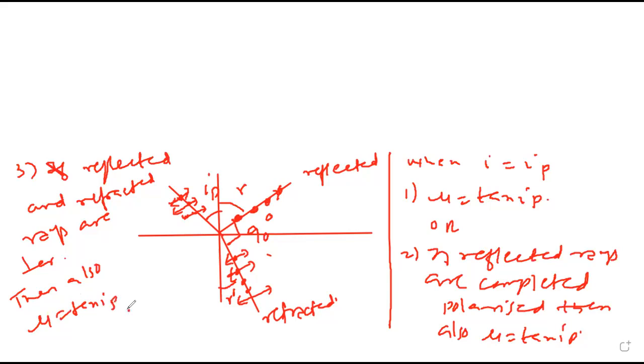So under three cases mu is tan IP. If directly given that I is IP, mu is tan IP. Reflected rays completely polarized, mu is tan IP. Reflected and refracted perpendicular, then also mu is tan IP. So just draw this diagram and write these three conditions when we can use mu equals tan IP. Then I will show you how they are perpendicular.